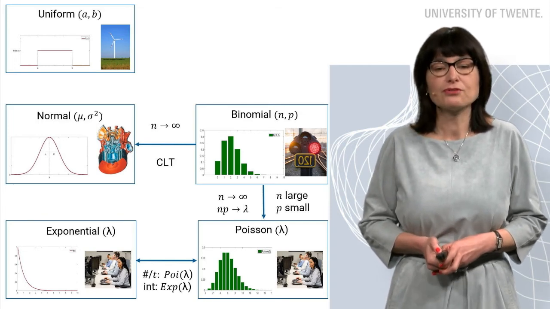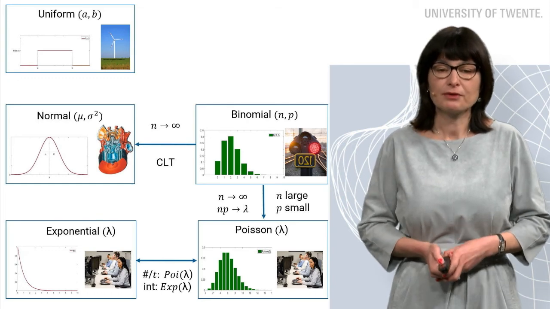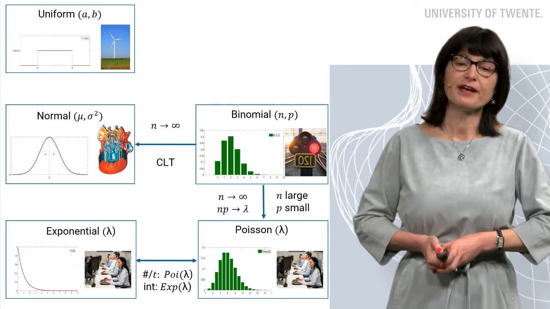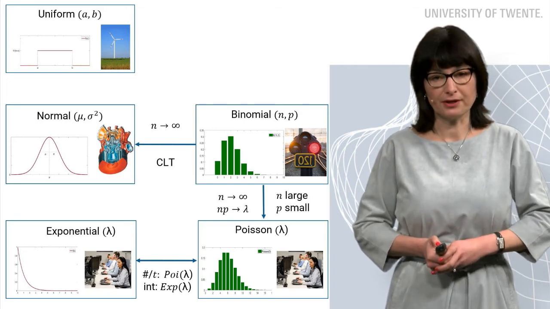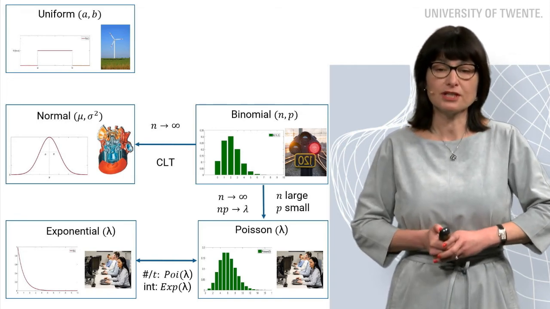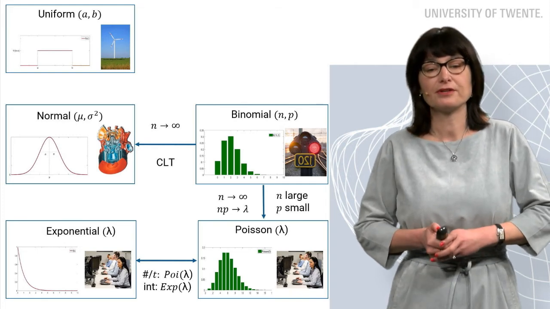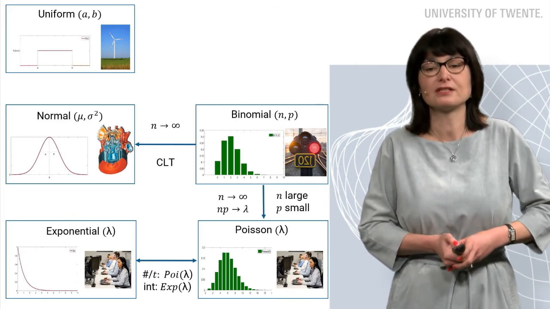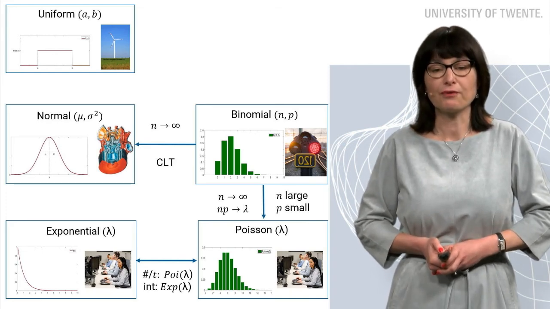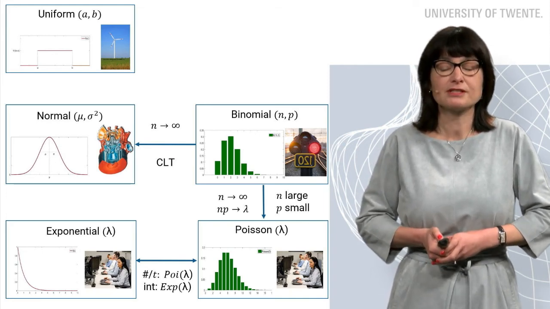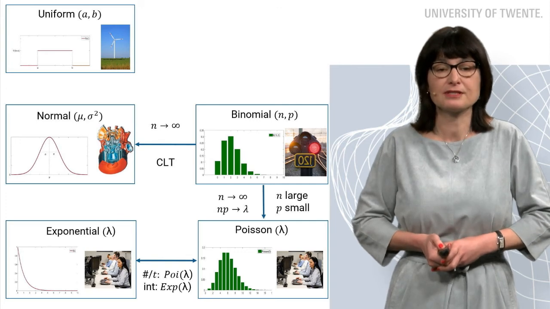Binomial distribution can also be seen as such a sum, because in binomial distribution we deal with n independent experiments, and each experiment can be success or failure, and we count the number of successes. Each success is 1 and each failure is 0, and binomial distribution is in fact a sum of 0, 1 variables, and therefore the central limit theorem is applied to this sum as well.